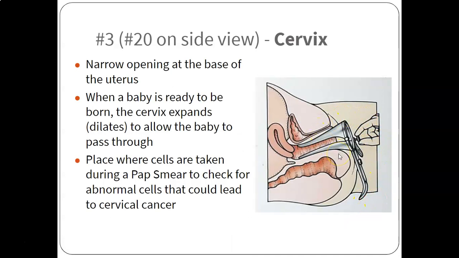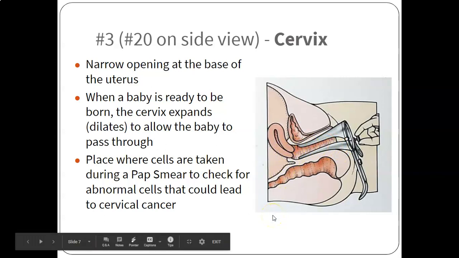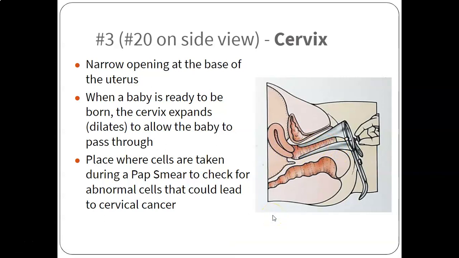It can be uncomfortable, and it might even be a little awkward if you're not used to it, if you're young. But this pap smear is important because it will detect abnormal cells early that could lead to cervical cancer. So you can catch that abnormality early so it can be treated before it gets too serious.